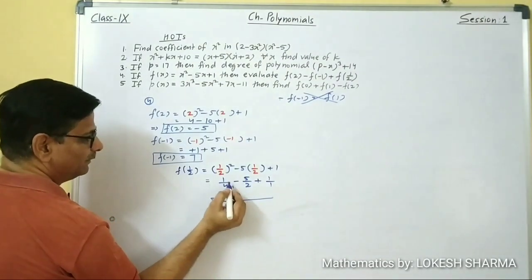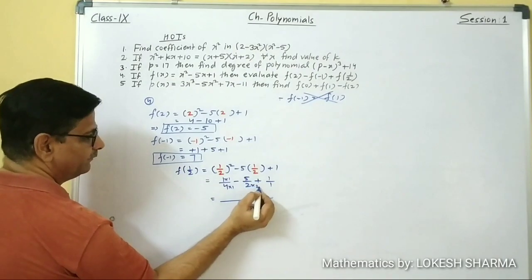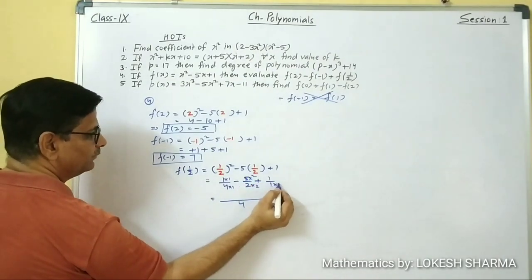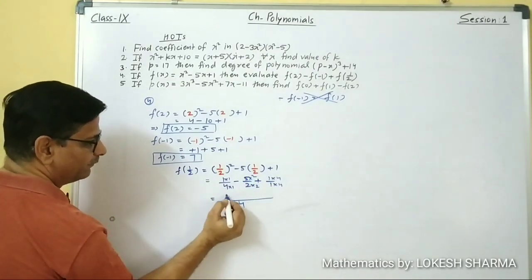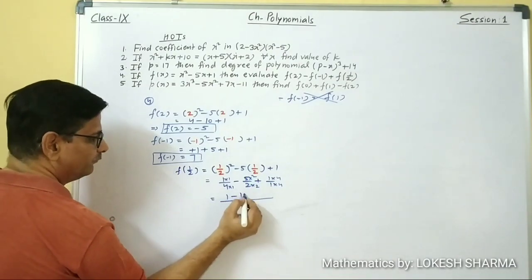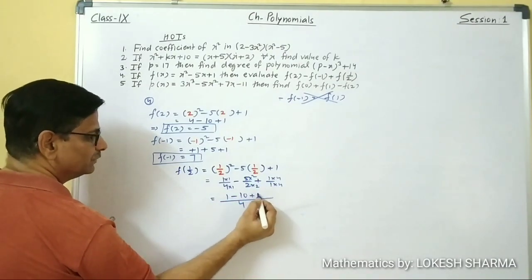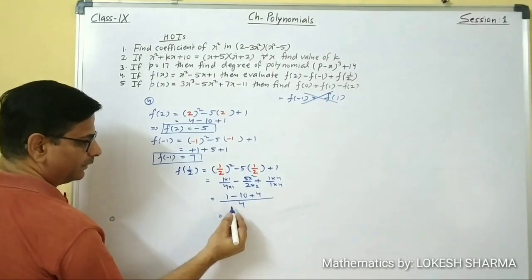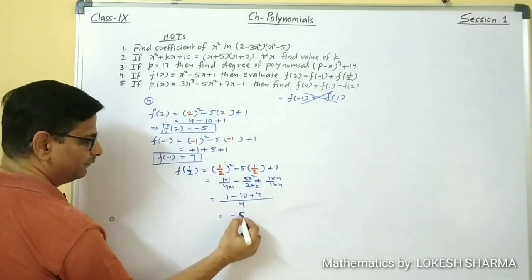So this is multiplied by 1 up and down, this by 2 up and down, and this by 4 up and down. So we will get 1 minus 10 plus 4 over 4, and our answer will be minus 5/4.